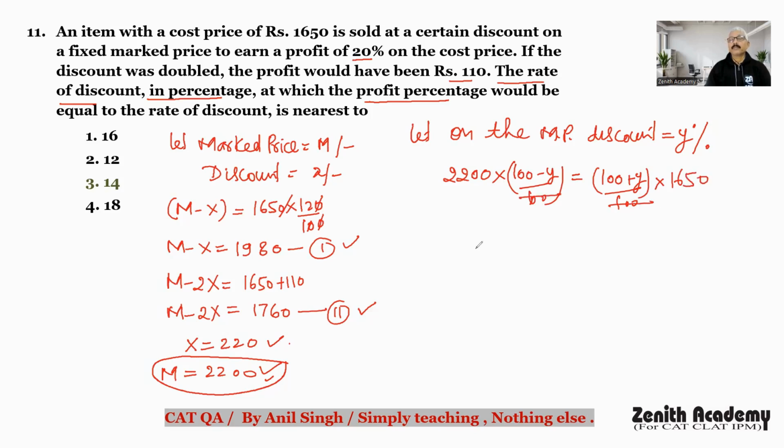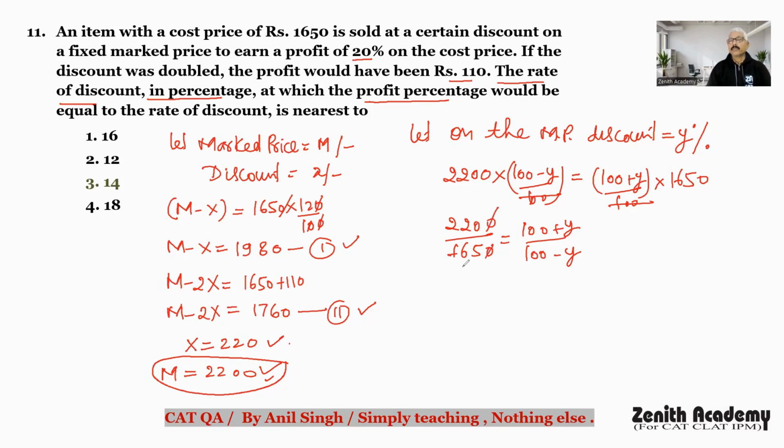So this is cancelled, and finally 2200 by 1650 is (100 plus Y) over (100 minus Y).